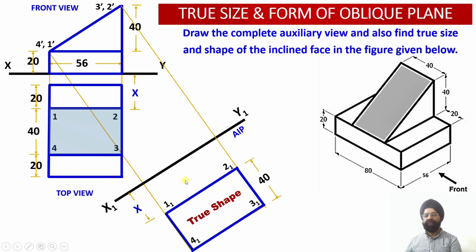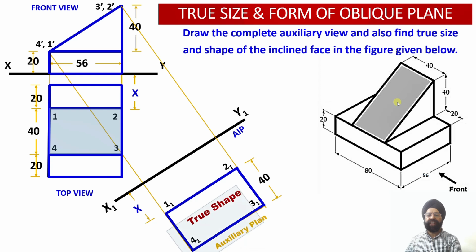Now we can observe that this surface is a shortened surface, whereas this surface is a bigger surface as compared to this apparent shape of the cut section. So this is the edge view of the cut section, this is the apparent view of the cut section, and this is the true shape of the cut section which has been shaded over here in the isometric projection.